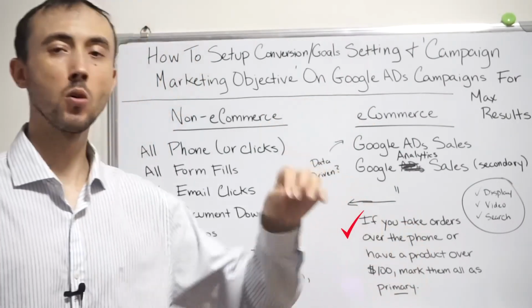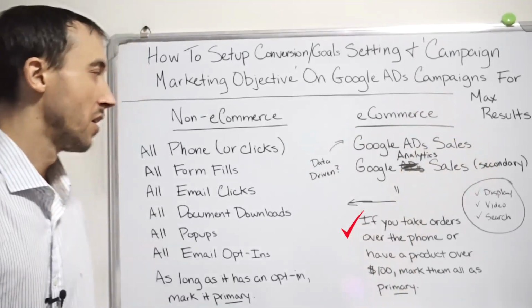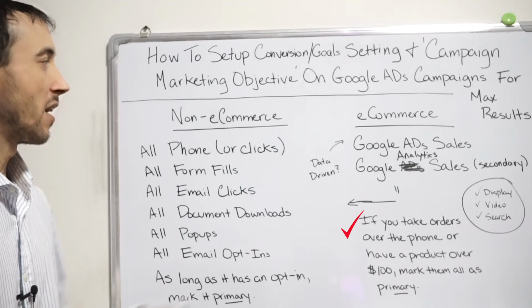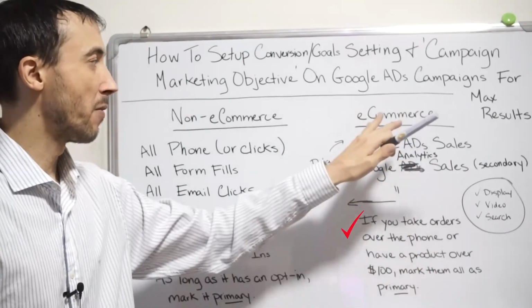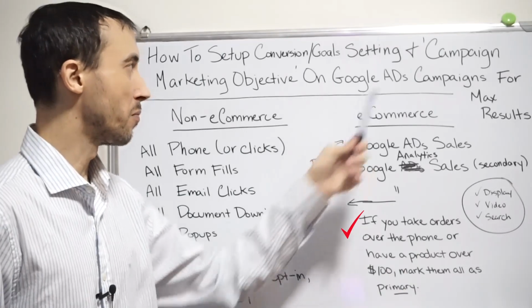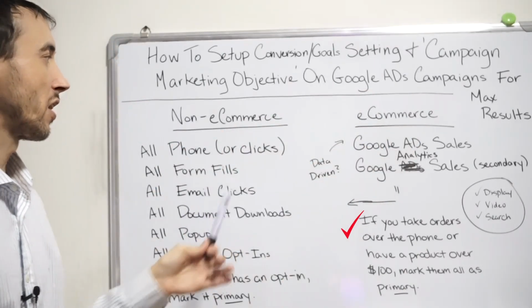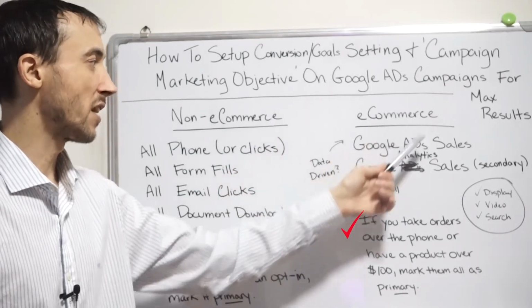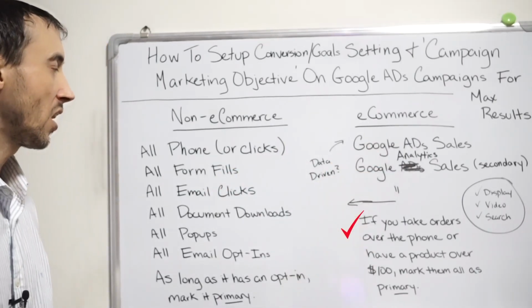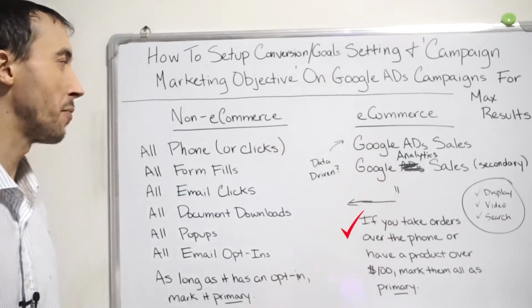So in summary here, and we're talking about still just search campaigns, you have the campaign marketing objective set up as sales, and then you're going to say look at all account goals, in terms of the goal setting, which goals to look at and optimize for.